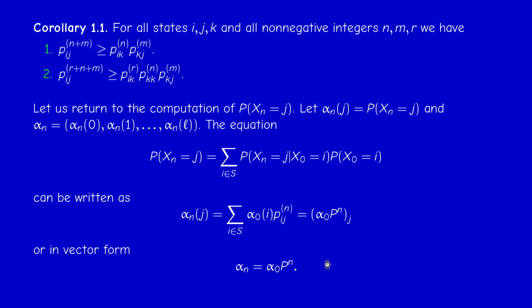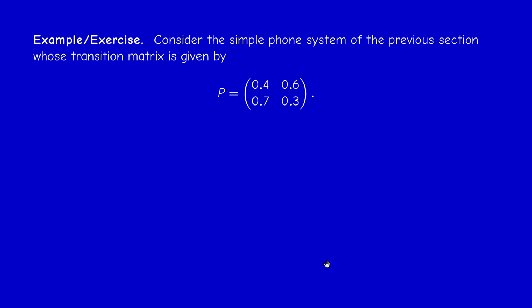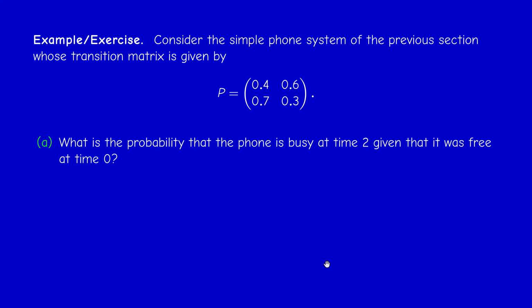Now let us see an example. I suggest that you pause the video and try to do this exercise on your own. So we go back to the simple phone system. We had just two states, busy and free, 0 and 1.